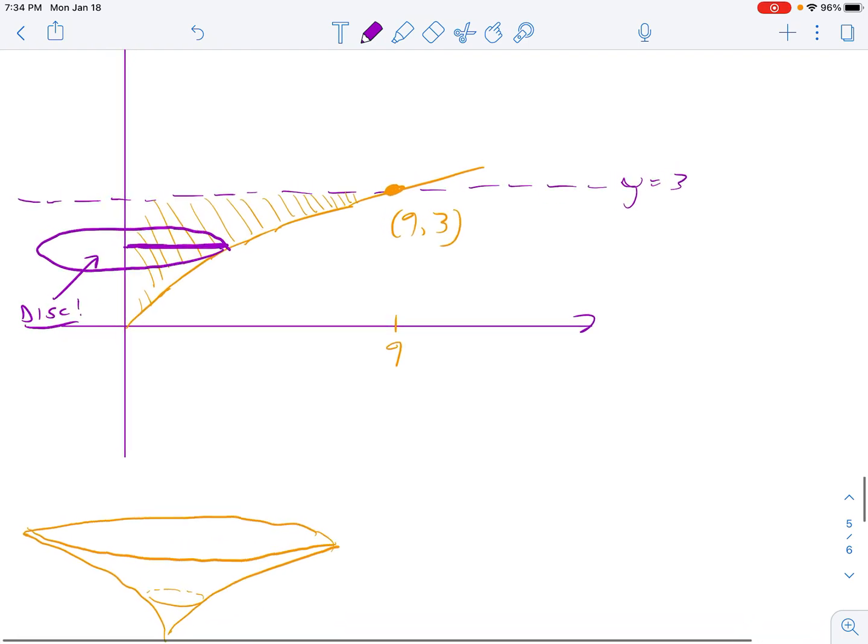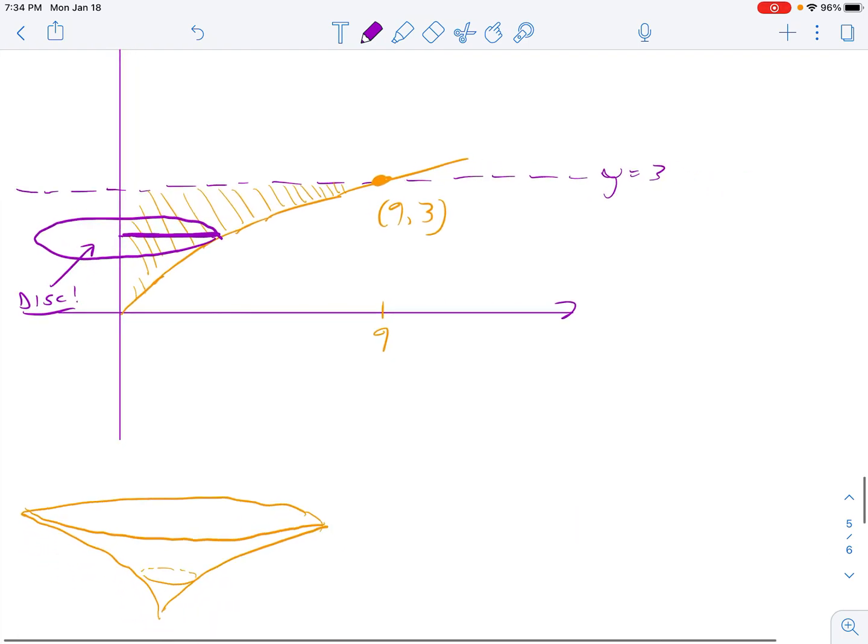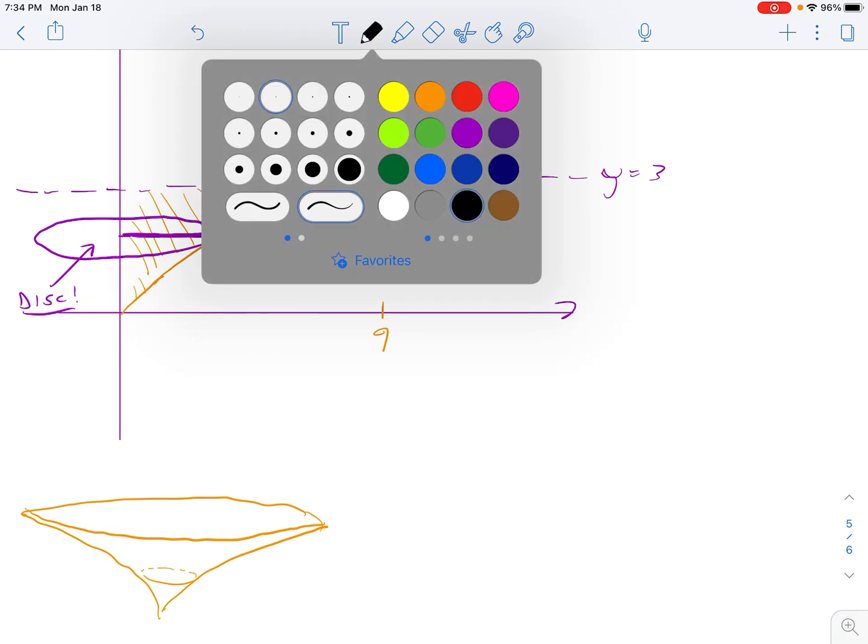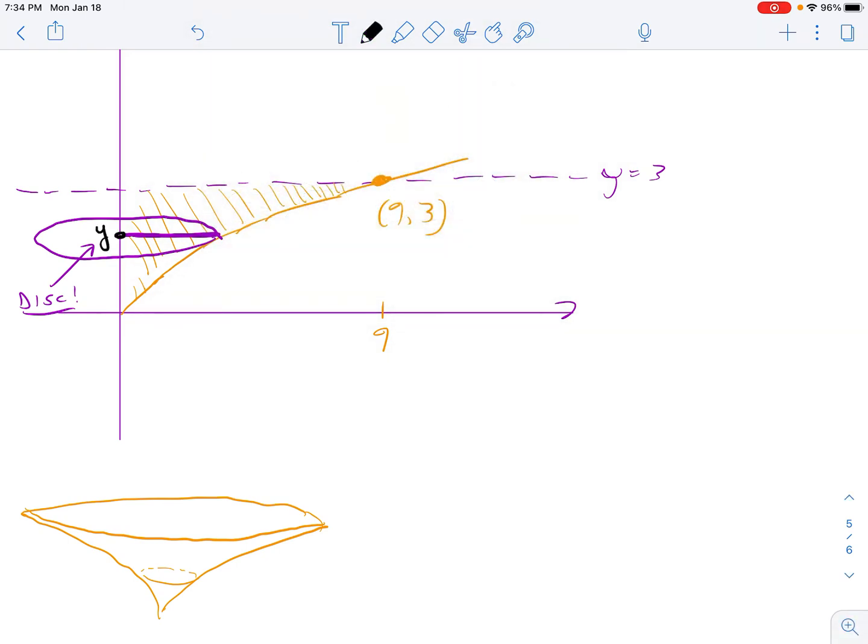So the best way to figure this out is to say, oh, if I measure by y-coordinates, at this y-coordinate, if I adjust for height, at a given height, I have a disk. And the area of a disk is really easy to figure out. So here, x is equal to 0. Here, I have the point where y equals the square root of x, so x would be y squared.